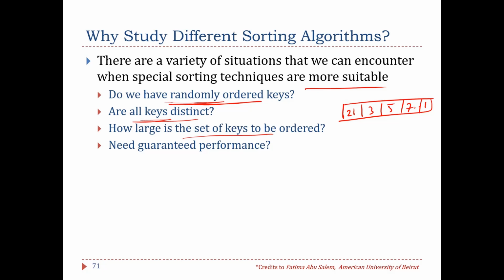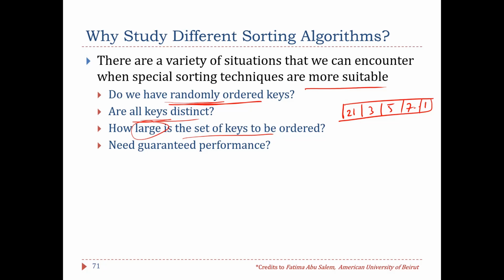So it also depends if you have very large arrays or lists of items. Certain algorithms become more efficient in this case, but they lose the battle if the array is relatively small, smaller than a certain threshold or size.